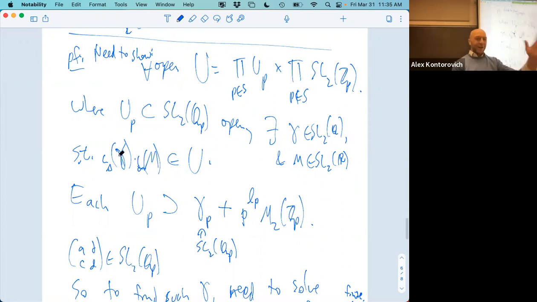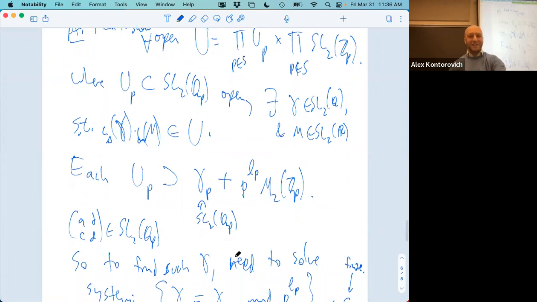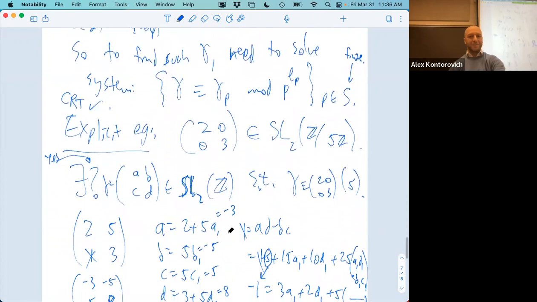And then at all the other places, well, first I have to embed diagonally, so that I know what infinite place I have to put here to get me something that's an infinite place here. And then I just make M to be the inverse of one by the other. Do I need to spell that out, or is that clear? At infinity, you have full flexibility. To be diagonally embedded, you have to choose those rational numbers before you can say what the diagonal embedding is, and that's exactly what this is doing.